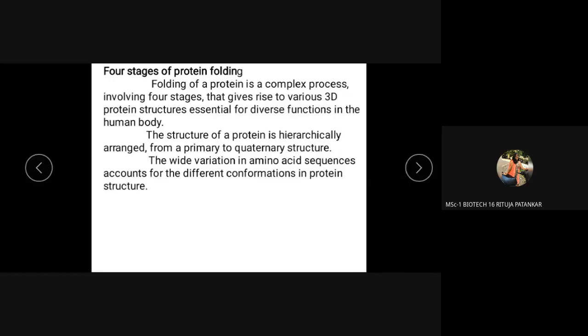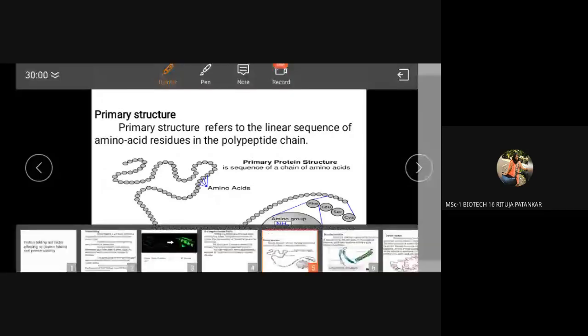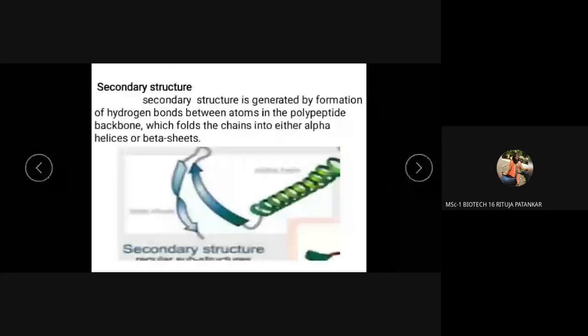In this slide, we can see primary structure. Primary structure is nothing but a linear chain of amino acids which are joined together by peptide bonds. This is the first stage of protein folding. Then secondary structure is the next stage.